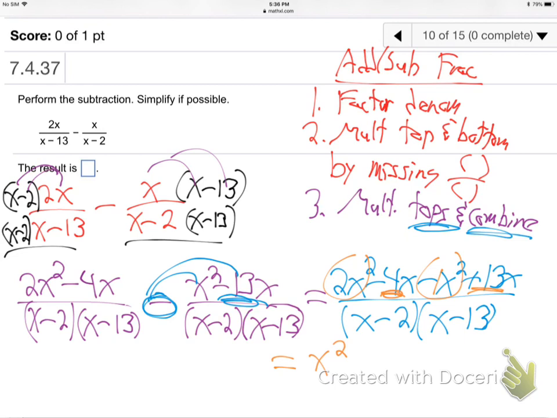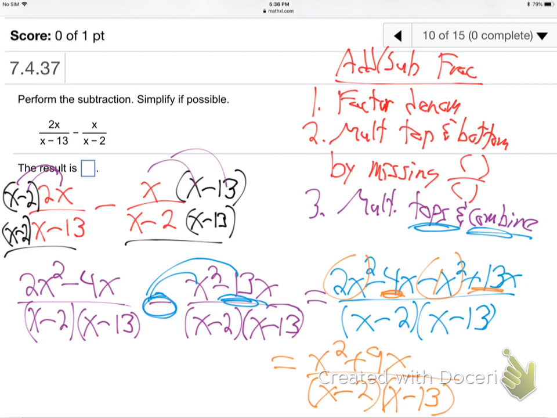Minus 4x plus 13x is 9x. Right. Over x minus 2 times x minus 13. There we go.